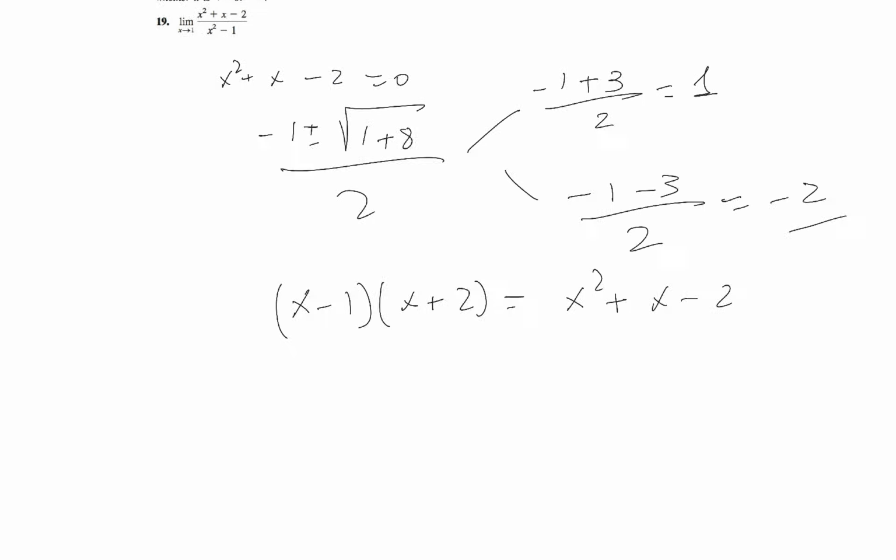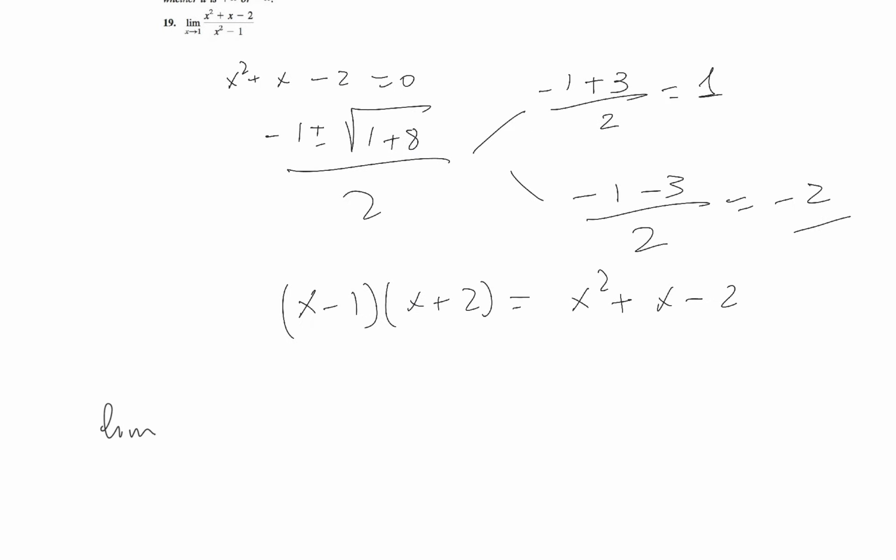Let's do the limit. The limit when x approaches 1 of x squared plus x minus 2 divided by x squared minus 1. When x approaches 1, the denominator is 0, and the numerator is 1 plus 1 is 2, 2 minus 2 is 0. So we don't know where it will go with this form. When x is 1, the function doesn't exist; it doesn't have any value. But as x approaches 1, what does the function approach?